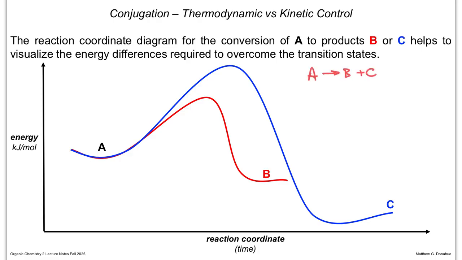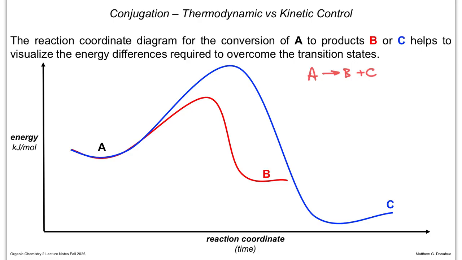So as I said, this is the form of a reaction from one starting material A that's going to 2 different things, B and C. How does that happen? We need to talk about these reaction coordinates throughout the semester that help us understand the energy requirements. But you can see the starting material A is existing in some energy well.